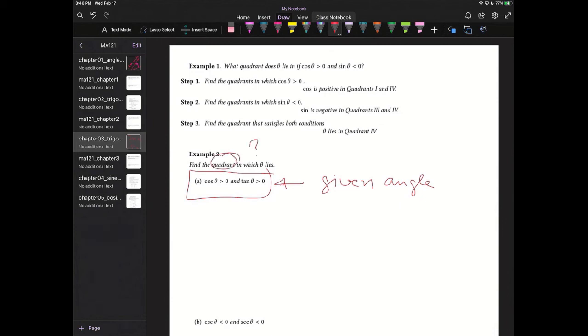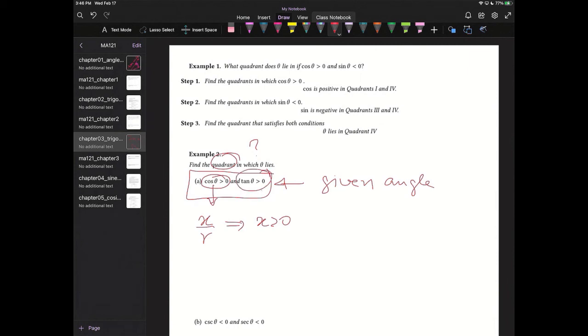Now, cosine, which is x over r, to be positive means that x must be positive. r is always positive, so there's no other way of getting this fraction positive if x is not positive. So from that piece of information, with cosine being positive, x is positive.